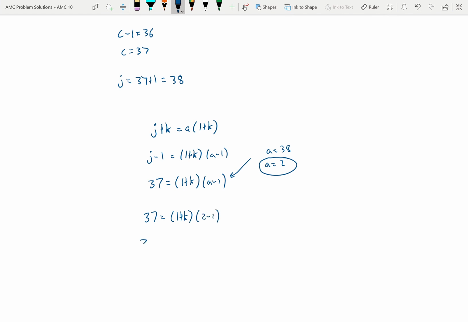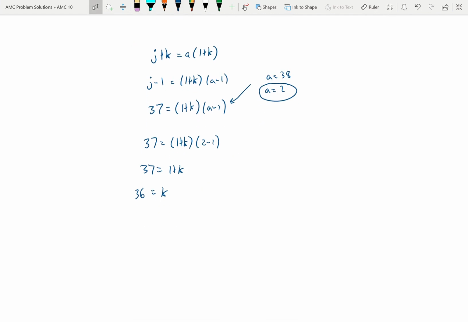And so I get 37 is, since 2 minus 1 is 1, equal to 1 plus k. So I get 36 is equal to k. So that's basically saying the next time Joey's age is an integral multiple of Zoe's age is going to be in 36 years.